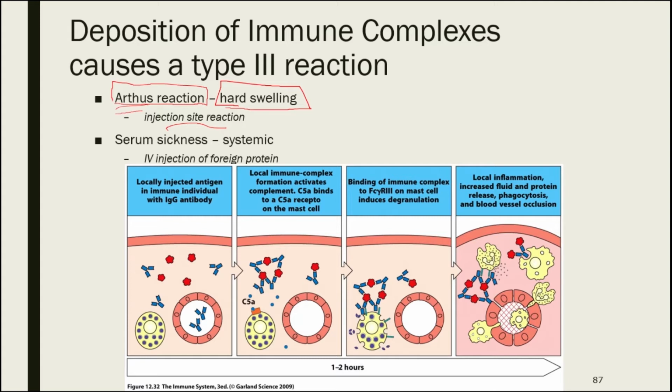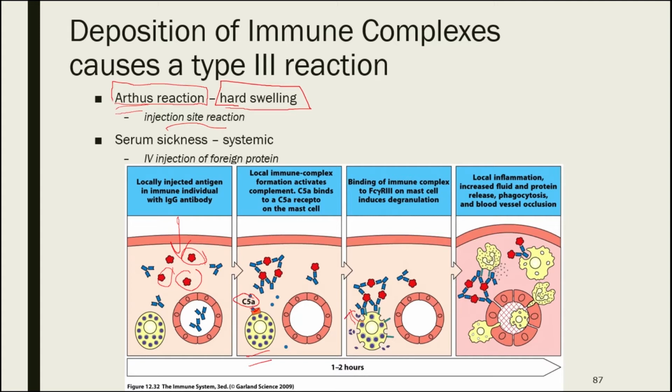So there is a local injection of antigens, and it will combine with the IgG antibody and start forming immune complexes. That leads to activation of the complement system, and this picture shows C5a, truncated off through the complement system, binding to the C5a receptor on mast cells and leading to degranulation of the mast cells.